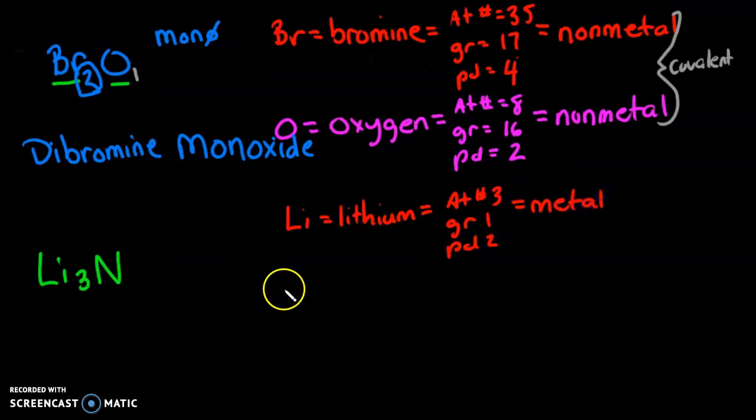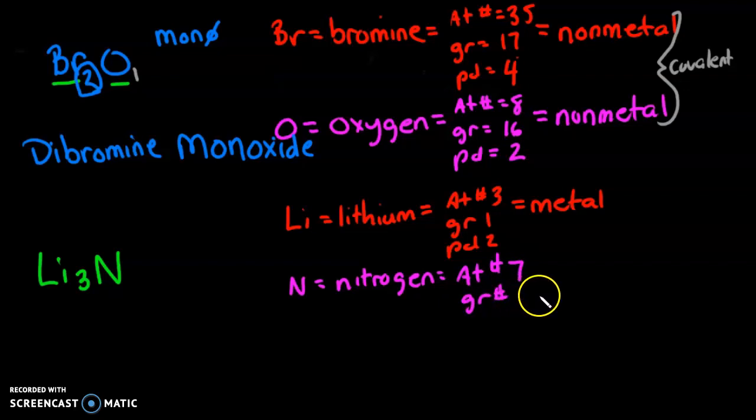If I look at my next element, N is nitrogen. Nitrogen has atomic number 7. It is in group number 15, and period number 2. So this one is a non-metal.